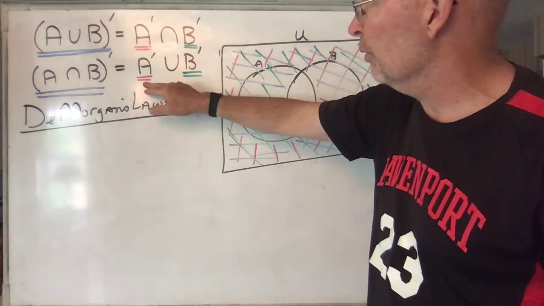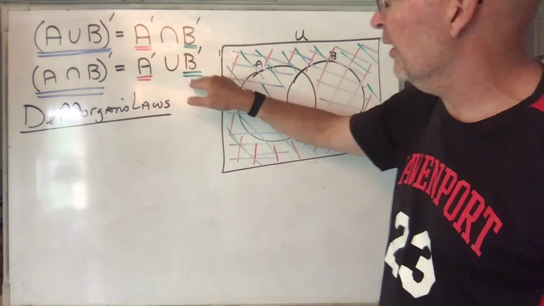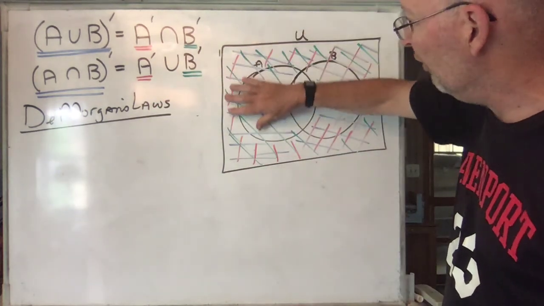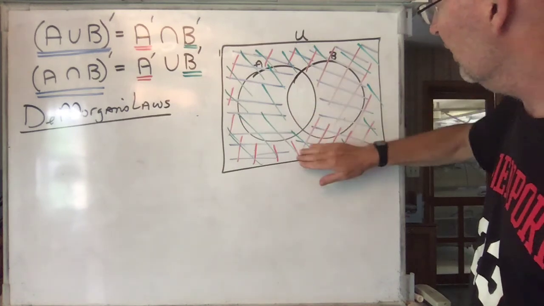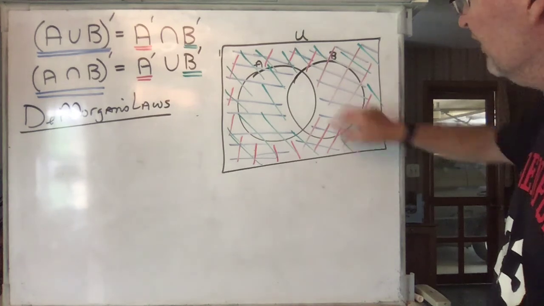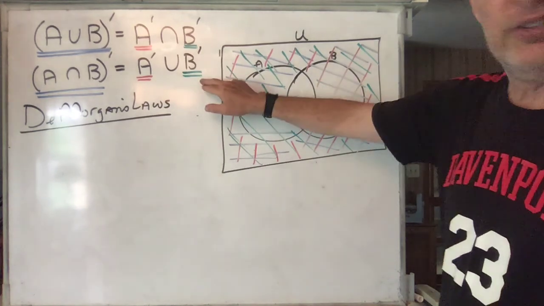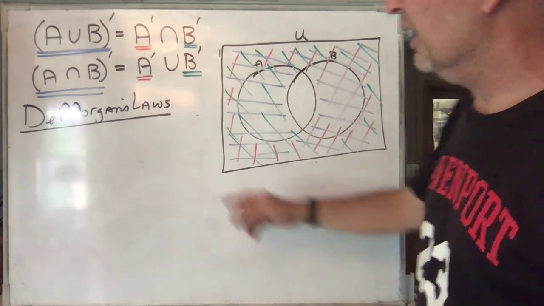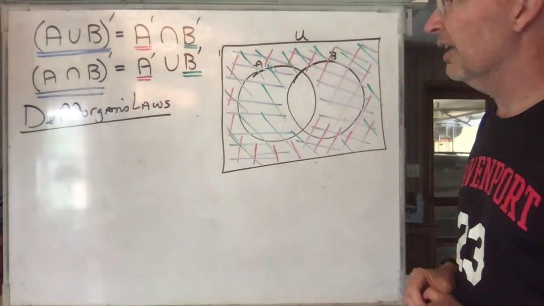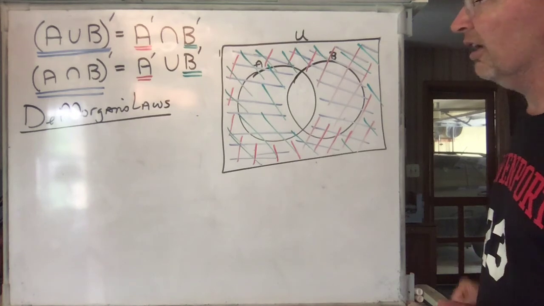As long as you're either red or green, you're good. So notice what's either red or green. All this stuff here, except for that, is either red or green. Agreed? Everything except this right here is either red or green. So again, we see that these two things are equal to each other, and that's the second of DeMorgan's Laws.